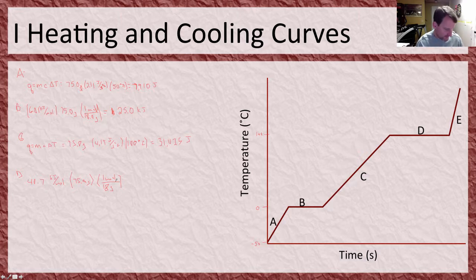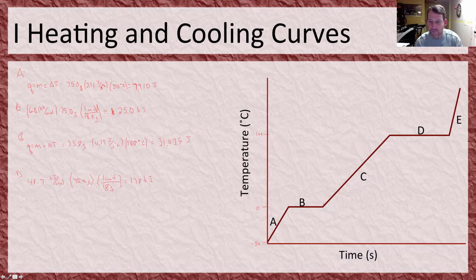So I do 40.7 times 75 divided by 18. We get 170 kilojoules. Now that's interesting, because that's 170,000 joules.